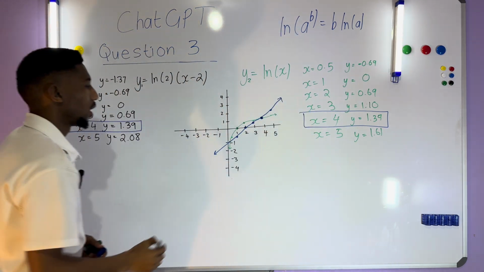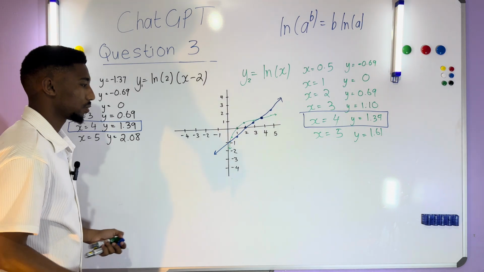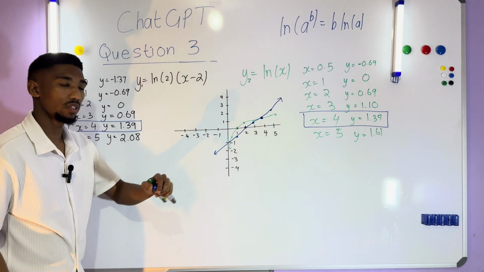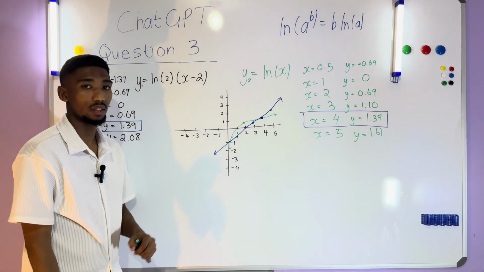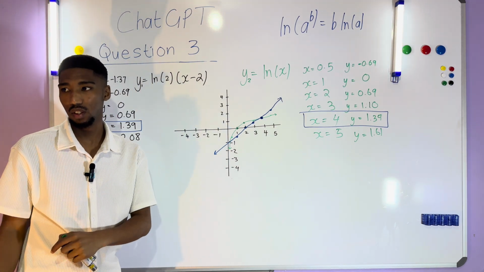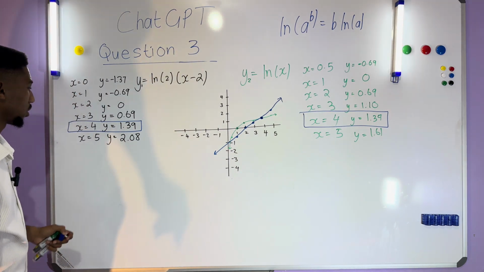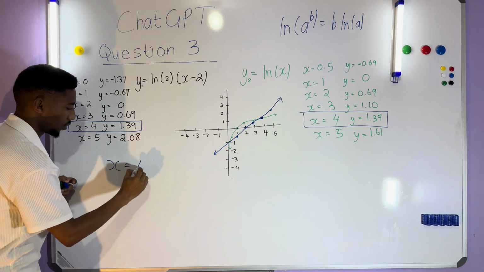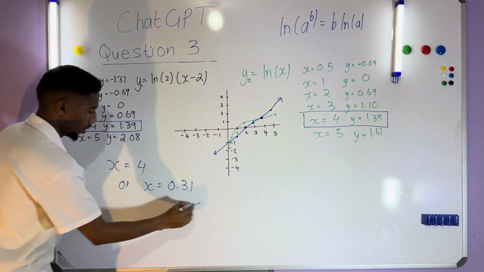We will need a graphical calculator to find the other point of intersection, which is 0.31. So we know that x is equal to 4 or x is equal to 0.31.